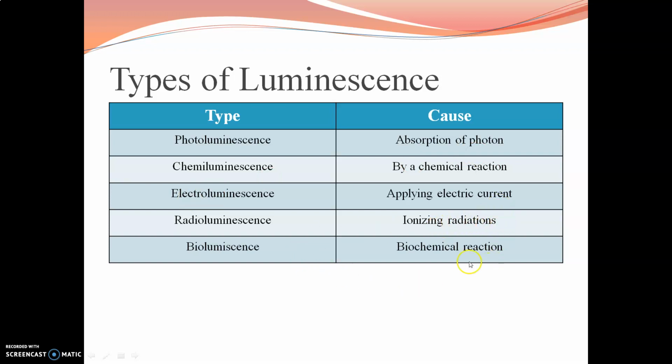Radioluminescence is by some radiations. Bioluminescence is by some biochemical reactions taking place. Bioluminescence is related with marine life, where they catch their prey by some radiations or by some photons or by some light.